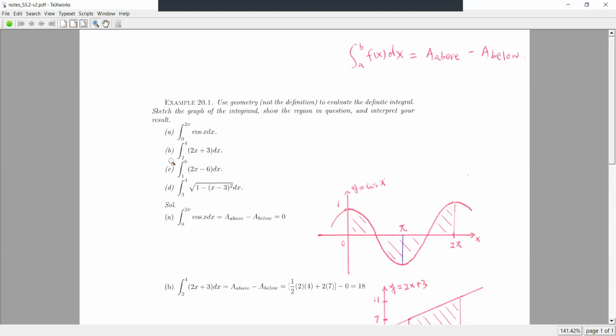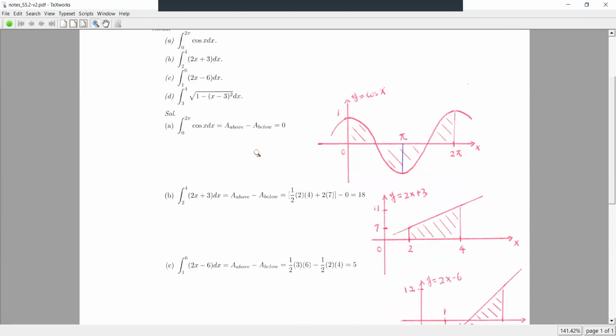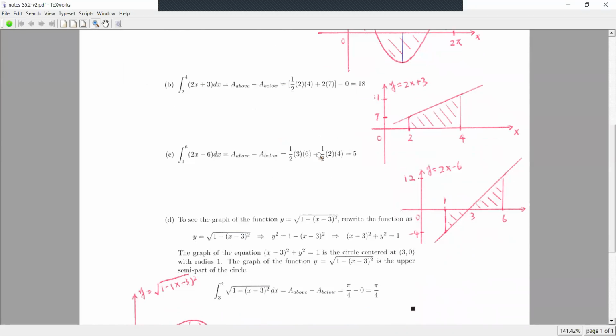Now, B. Find the value of this integral. The integrand is 2x plus 3. Now let me plot the graph of 2x plus 3. The graph is a line.